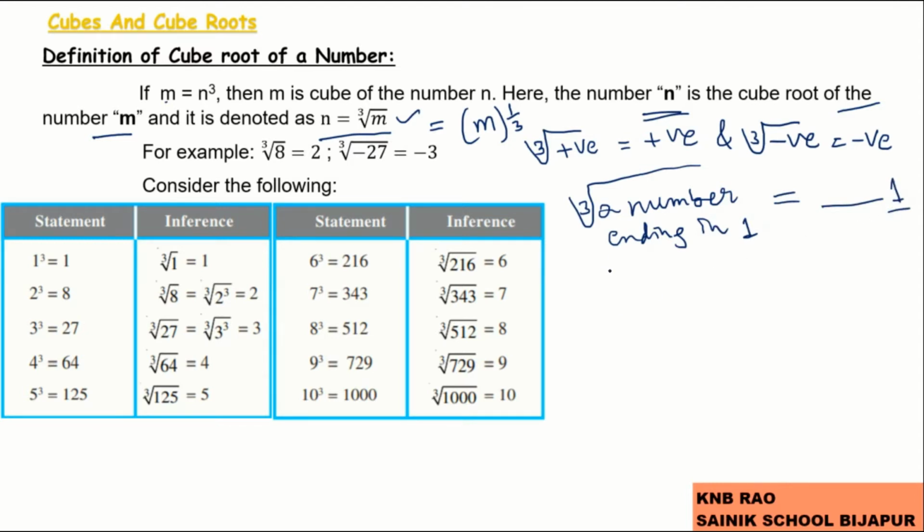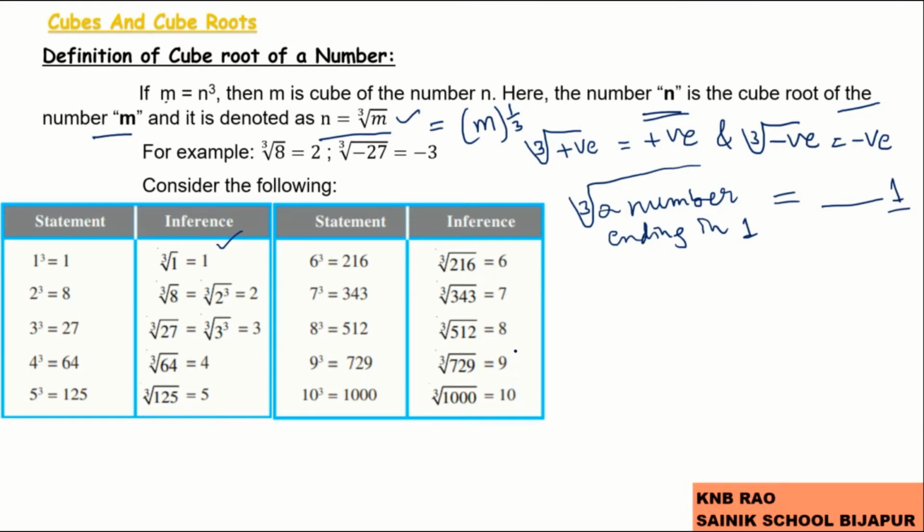Here you can see that the cube root of a number ending in 1 ends in 1, ending in 4 ends in 4, ending in 5 ends in 5, ending in 6 ends in 6, ending in 9 ends in 9, and ending in 0 ends in 0.